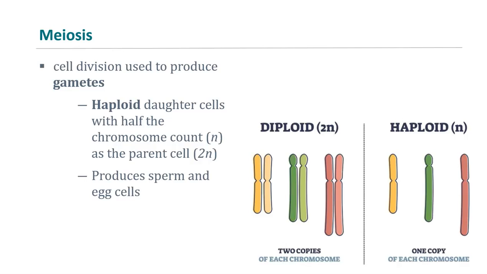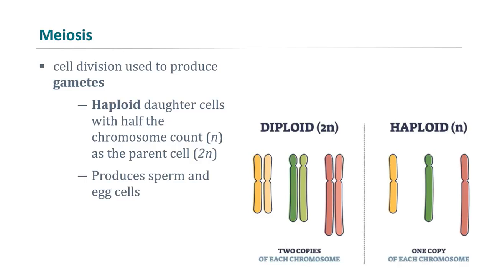So why do you want to reduce the number of chromosomes in an egg cell or a sperm cell? Well, if you think about it, in humans, an egg cell or a sperm cell carries 23 chromosomes. An egg cell will be fertilized by a sperm cell, and once that fertilization happens, the resulting embryo will now have 46 chromosomes.